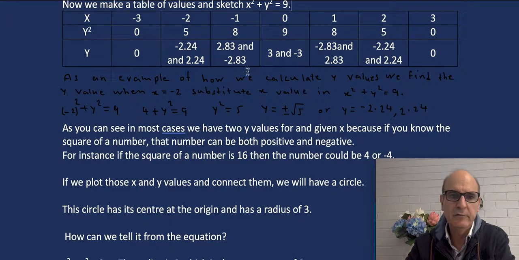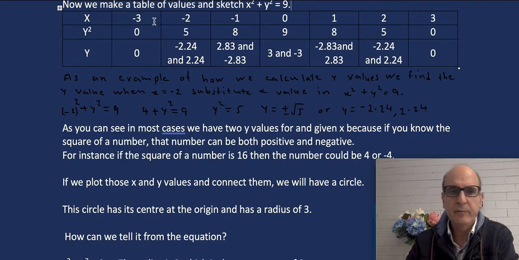That's why, when x is -2, I've put for y -2.24 and 2.24. And I've repeated that for all of the rest, written to 2 decimal places where required. For example, when x is 1, y is going to be -2.83 and 2.83, both of them. So that's another difference from the other equations we had. For any x value, you're going to have 2 y values here.